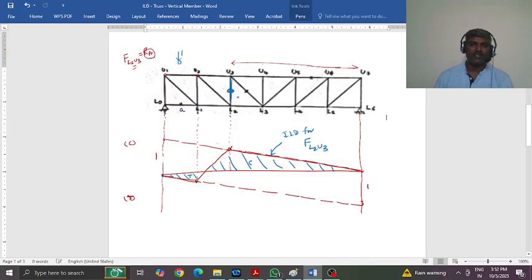As it crosses the span U2 to U3, it will change from tension to compression. Then when the unit load further moves from U3 to U7, it is going to reach 0. So this is the maximum compression possible, and this is the maximum tension possible in this member.